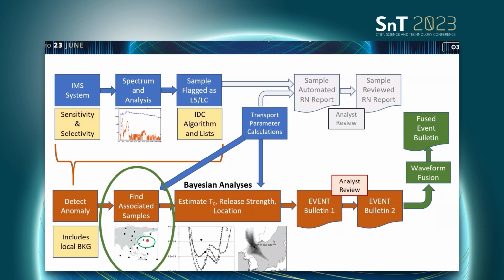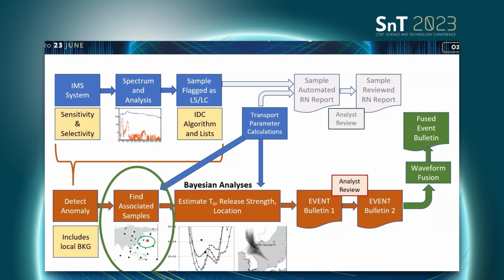But we do have a vision for what a next generation pipeline might look like. So if you look at the blue boxes at the top, there's an IMS system. That's the systems that have a specific sensitivity and selectivity out in the world. And they produce a spectrum. The spectrum that you see there happens to be, I think, the first xenon spectrum that Ted ever took in New York City many, many years ago.